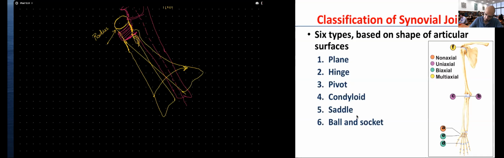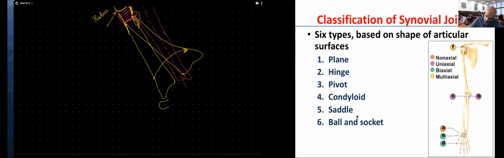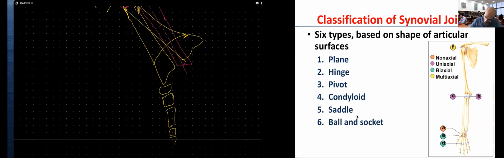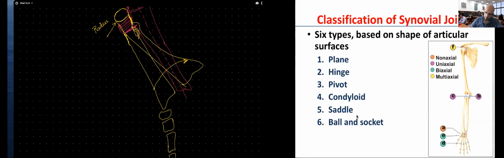Remember this movement, if the thumb was in here, as I rotate the radius around the ulna, the thumb moves to this point.